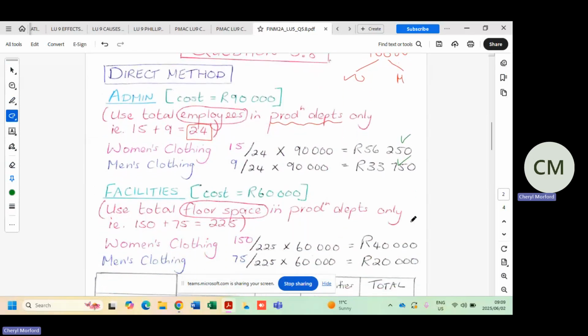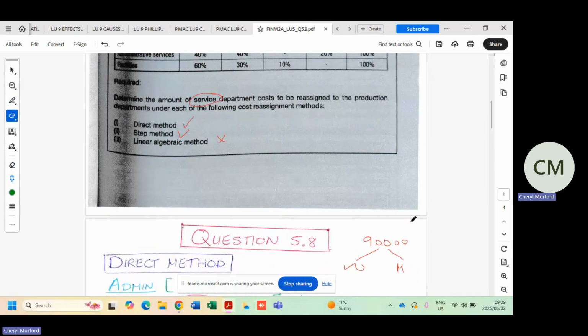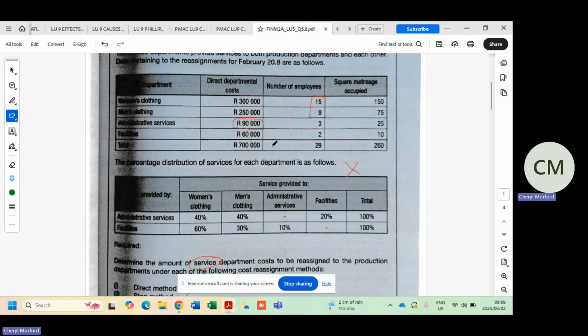So what is its direct department cost? Looking up here, facilities is 60,000. Now, on the basis of floor space in the two production departments, I'm going to share that 60,000 two ways amongst each of the production departments.